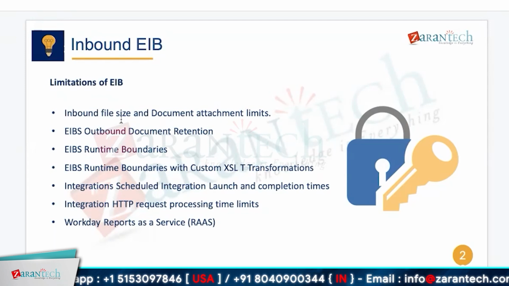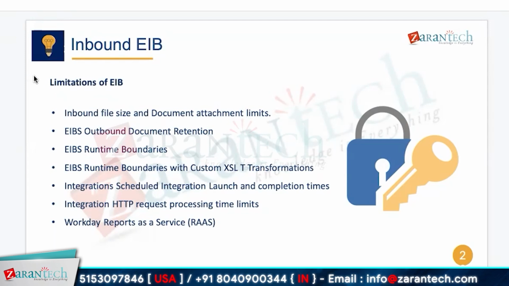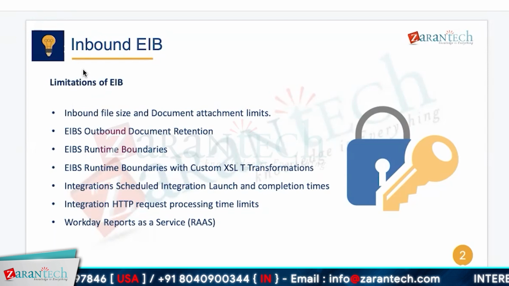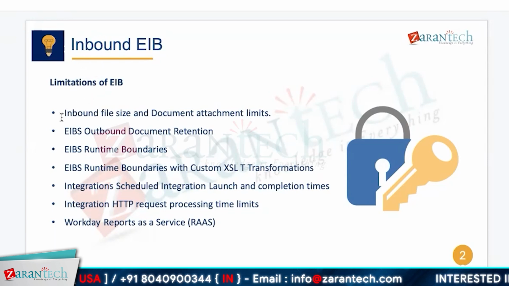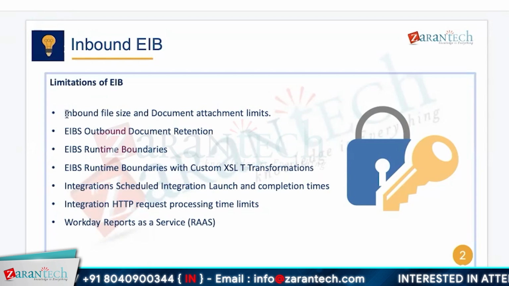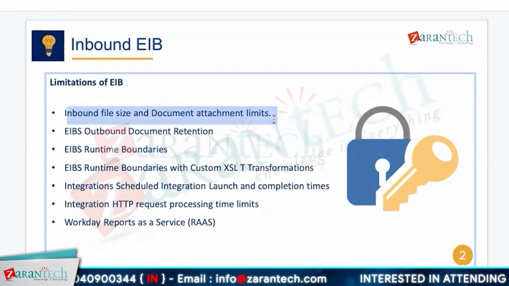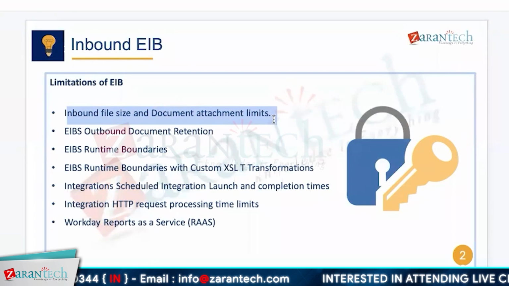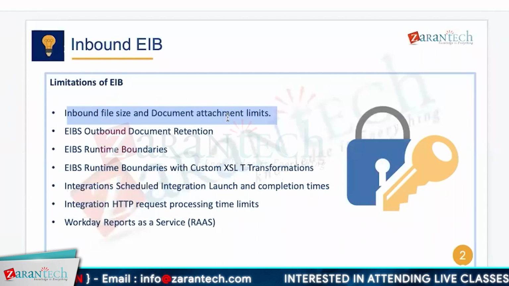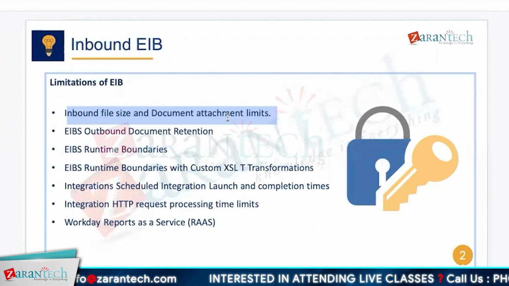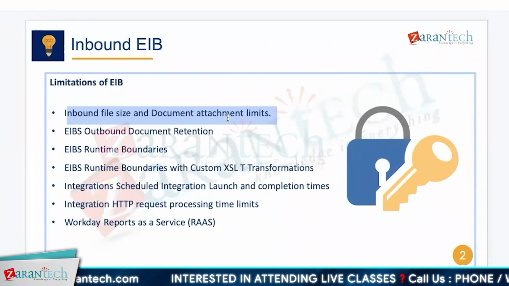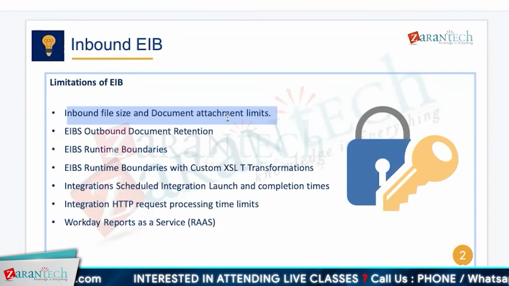Inbound file size and document attachment limit. These are some of the limitations of inbound EIBs. There is a specific size limit that these EIBs have, which means that of course we can put a lot of records in those files and push them into Workday, but there is a certain limit.